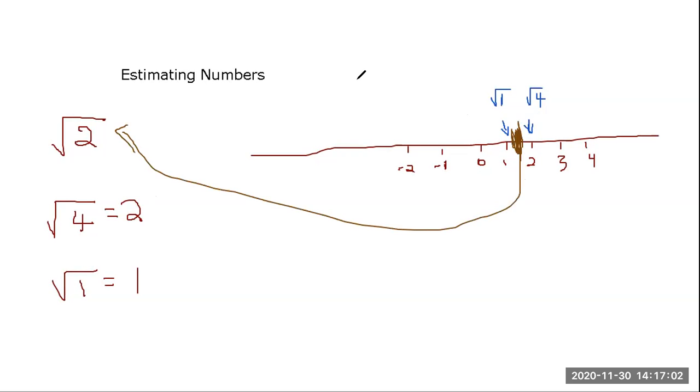For example, if I say, what is square root 30? We know what square root 25 is, and we know what square root 36 is. So then we want to estimate in between what square root 30 would be. Again, it's just using what we know to estimate what numbers would be. Another example would be pi.